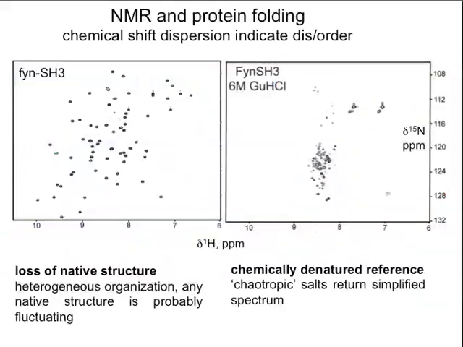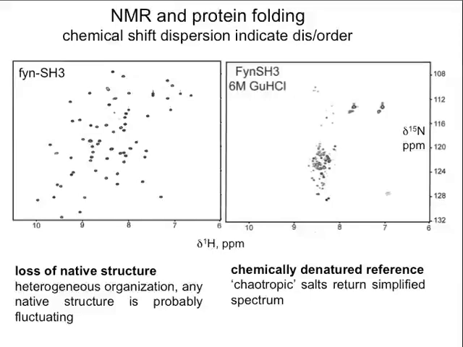NMR, same idea, except now what we're talking about is, remember, the radio frequency at which a particular nucleus resonates, right? And each nucleus, each atom in the molecule will have a particular resonance chemical shift, and that is going to depend on all of those unique environments that are present in the folded state.